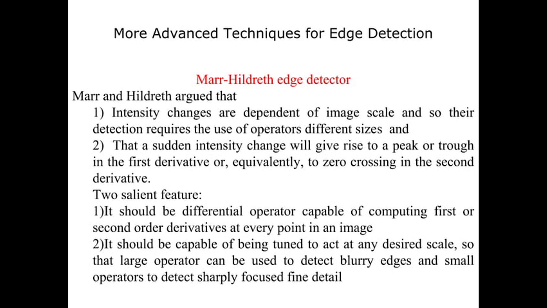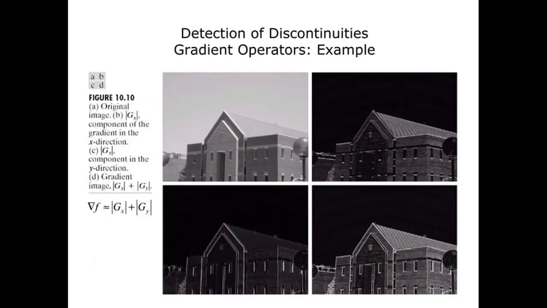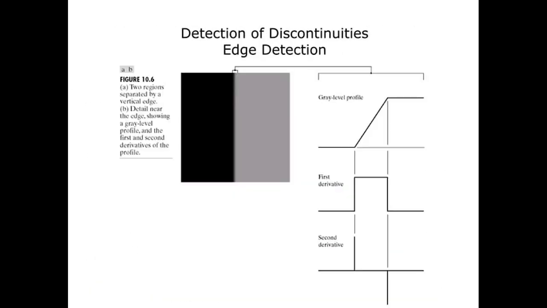So this is the highlighted point where there is an intensity change, it is a peak in the first derivative. You see the first derivative value in the graph we discussed. In the second derivative, whenever there is a 0 crossing, there is a change in the second derivative.